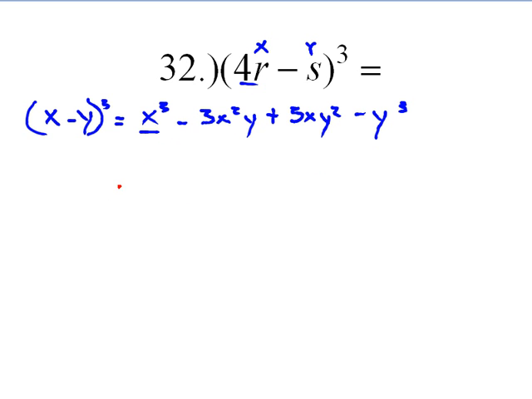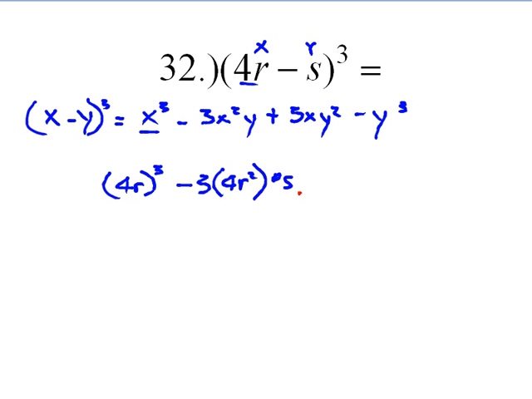We have 4r, so we want to take 4r cubed minus 3 times 4r squared times s. That's a minus s.